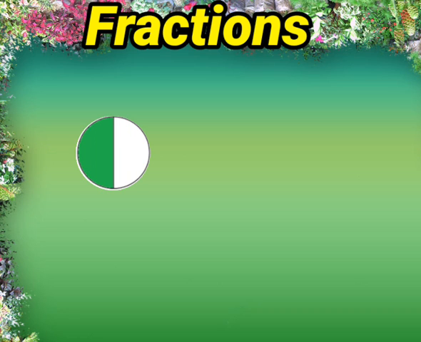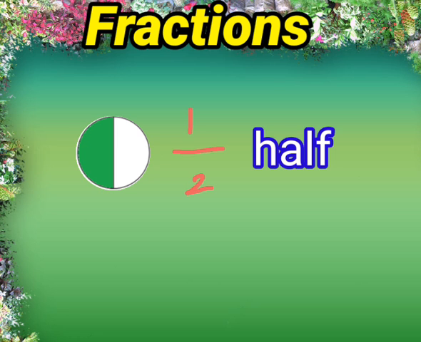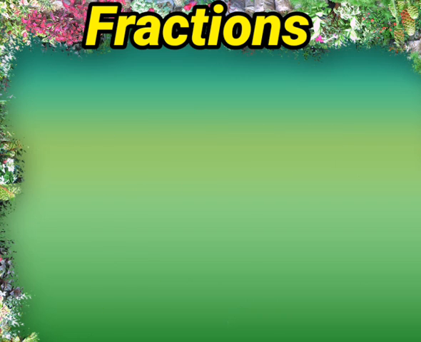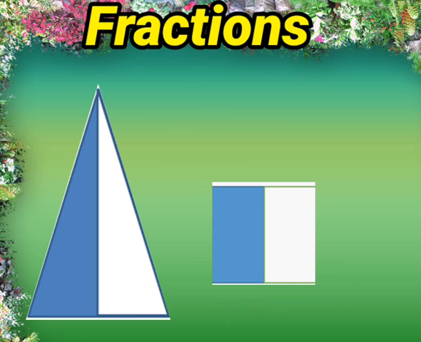Now see this circle. In this circle, one part is shaded. That is, one part out of two is chosen by shading. We say this as 1 by 2 is shaded. That is, half is shaded. Now look at these pictures.